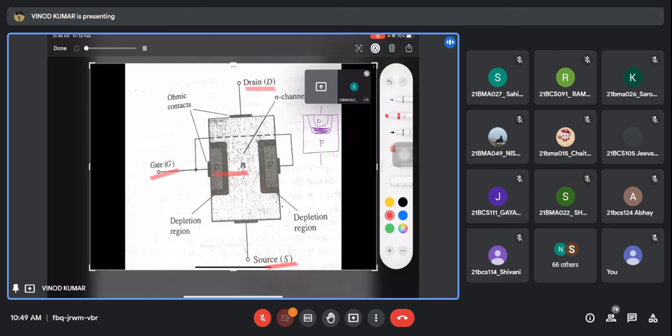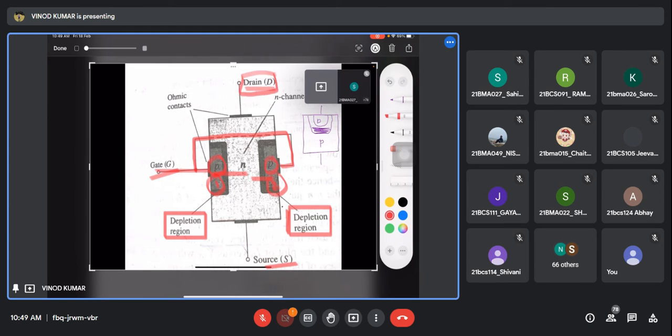So this is a PN junction, this is also a PN junction, but this P and this P, this 1 and 2, they are shorted. यहाँ से short किए हुए हैं internally. Right. So wherever we have PN junction, we'll have a depletion region. So here we have two depletion regions.